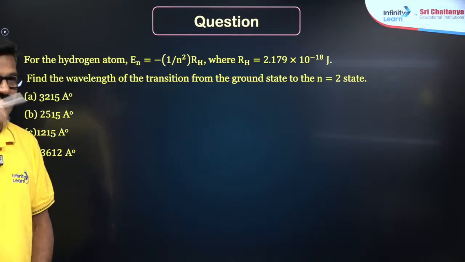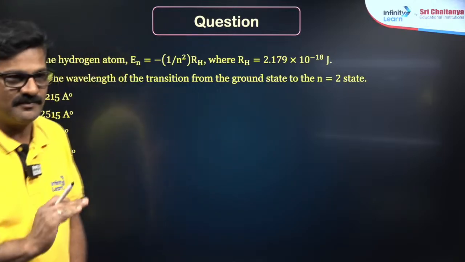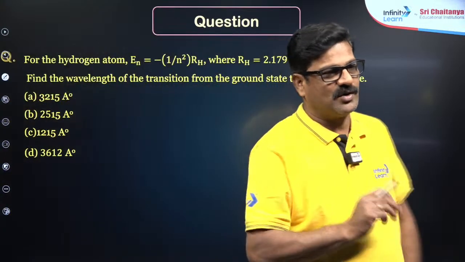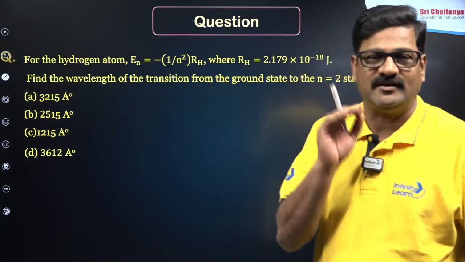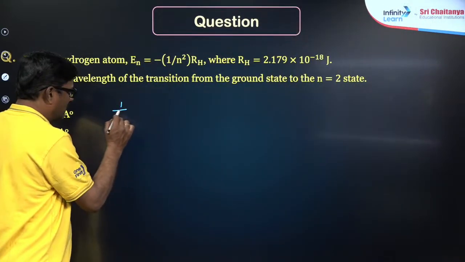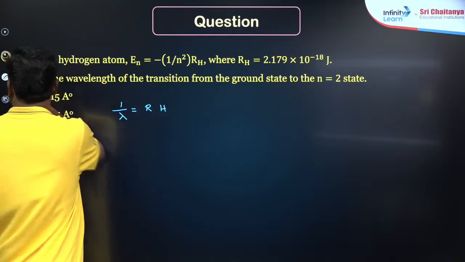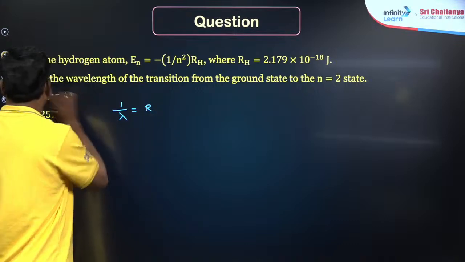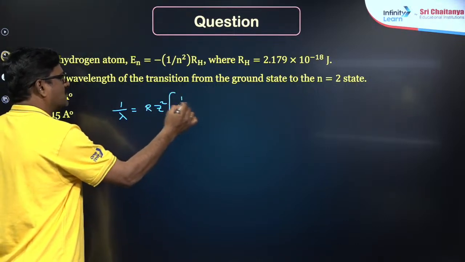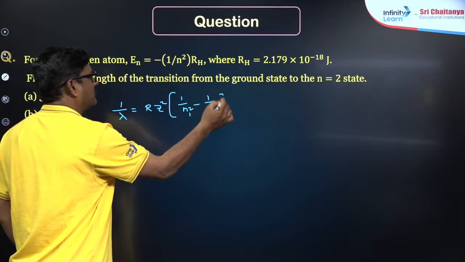So better you use the formula that is given by me, that works a lot. How to calculate the wavelength in a hydrogen spectrum? That can be calculated by using 1 by lambda is equal to Rydberg constant for the hydrogen and Z square of (1 by n1 square minus 1 by n2 square).